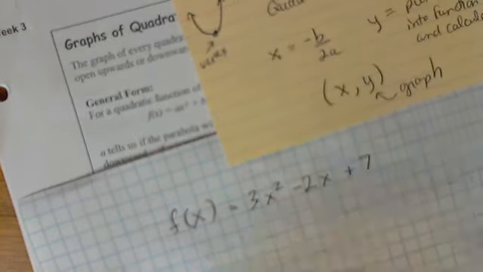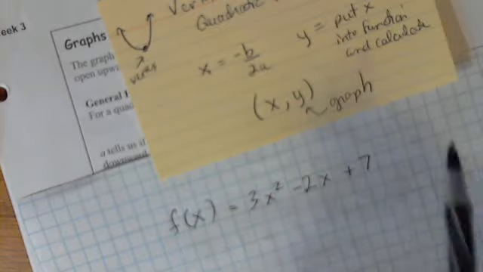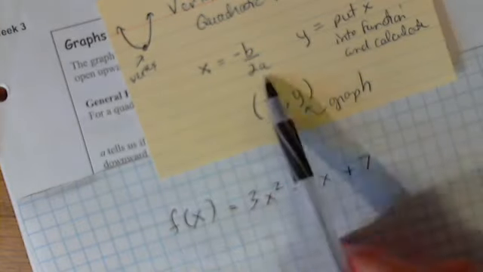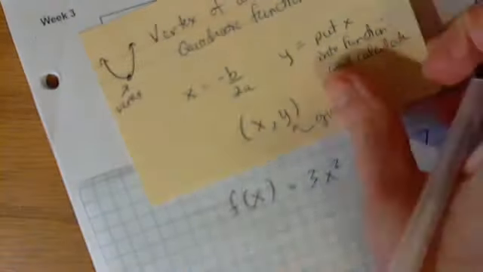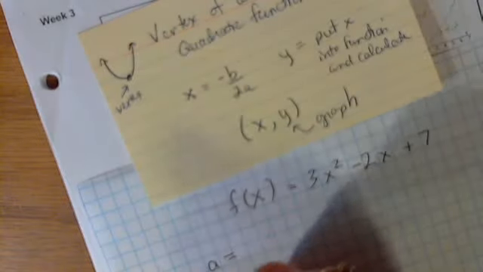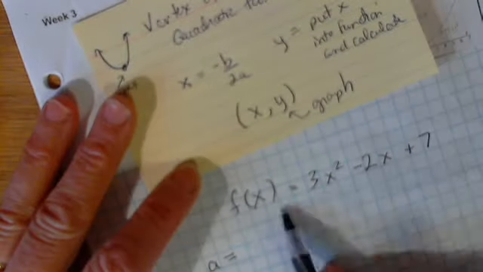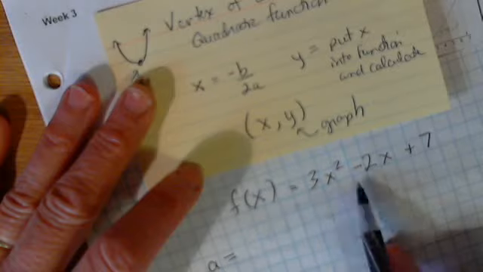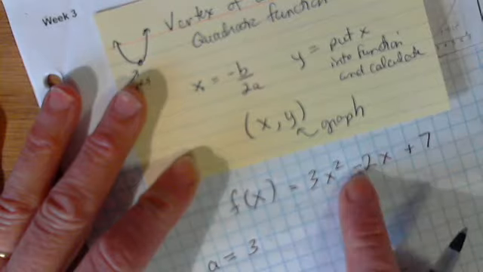Alright, we want to graph this. So our first step, as we're going to find out when we make an entire graph, will be to just find the vertex. Okay, and that's all we're going to do in the rest of this video, just find the vertex. So I need to make my list, but the list only needs to have a and b in it now. A equals and b equals, because the formula only involves a and b. So I go to my function, which is in standard form, just the way I want it, ax squared plus bx plus c, and a is 3, the coefficient of the x squared term, and b is negative 2.